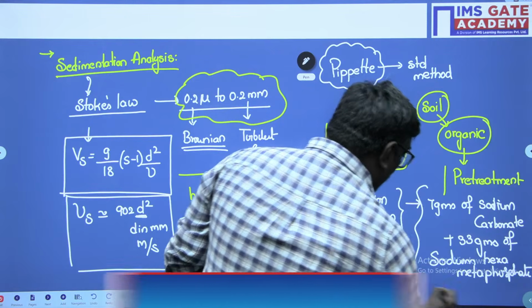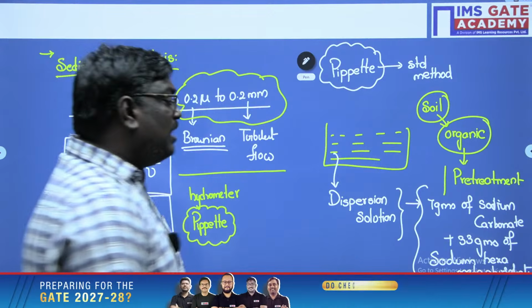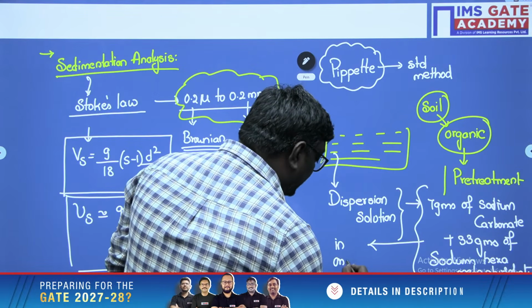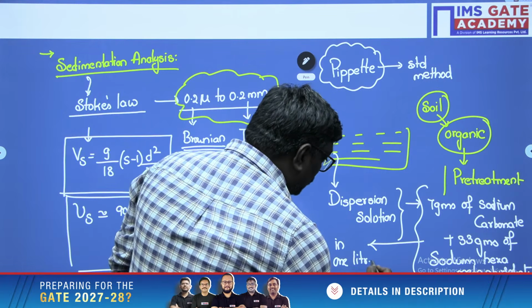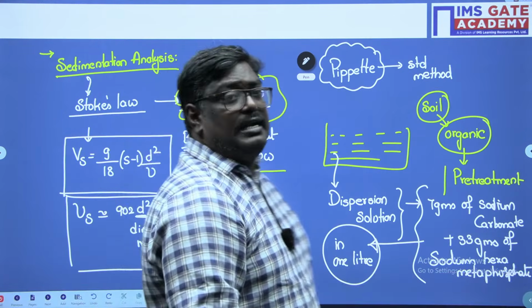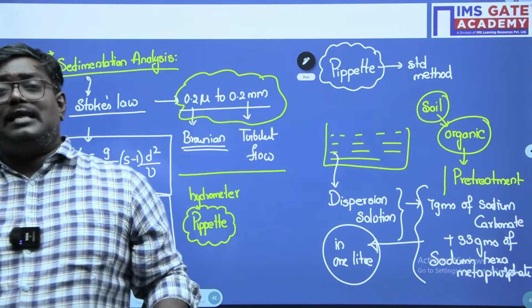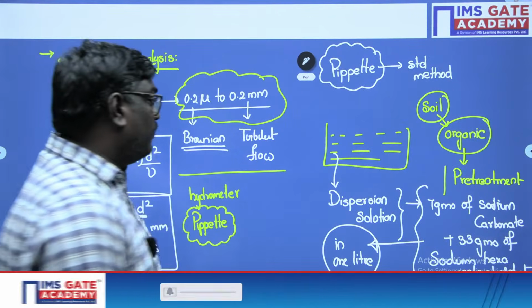This is all done in 1 liter of solution. So dispersion solution contains 7 grams of sodium carbonate and 33 grams of sodium hexametaphosphate.